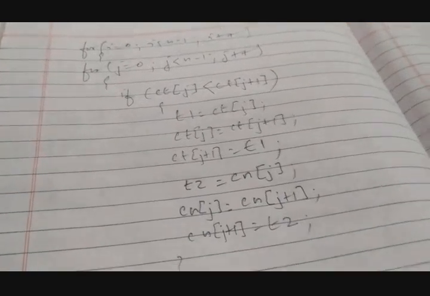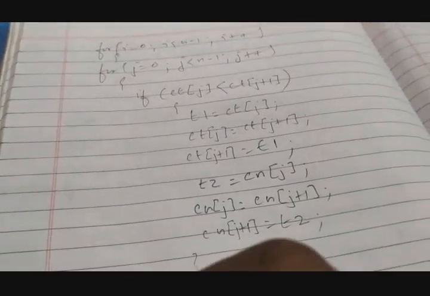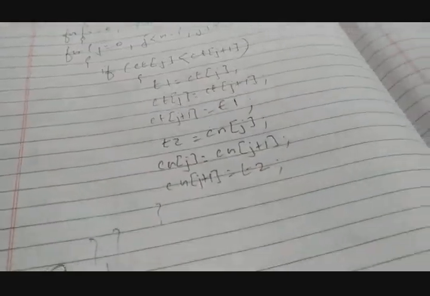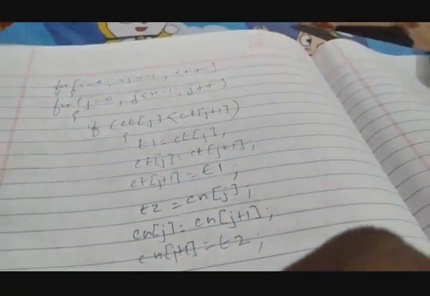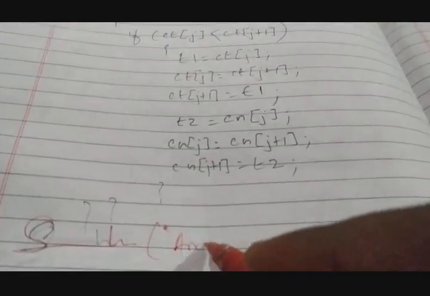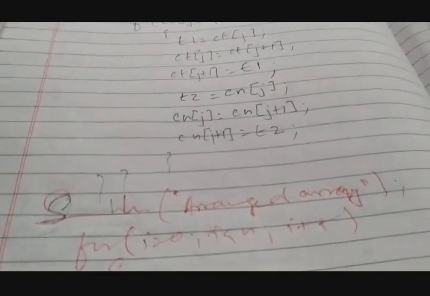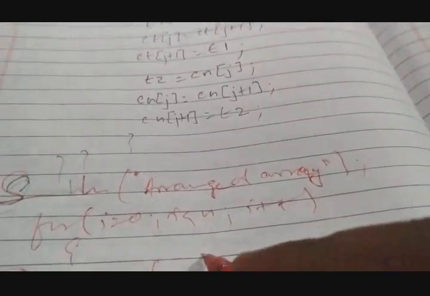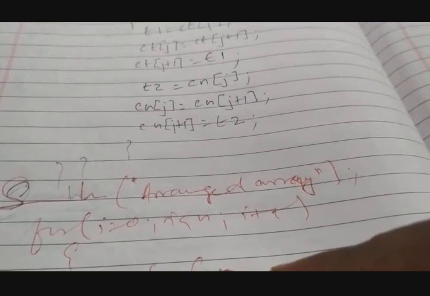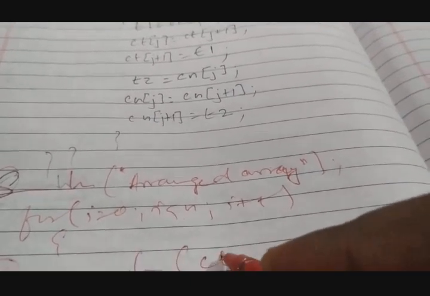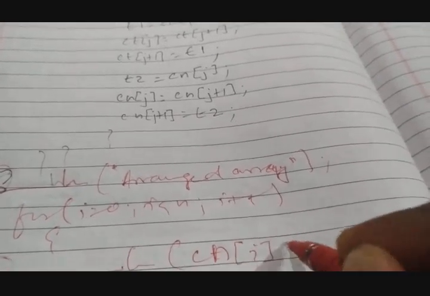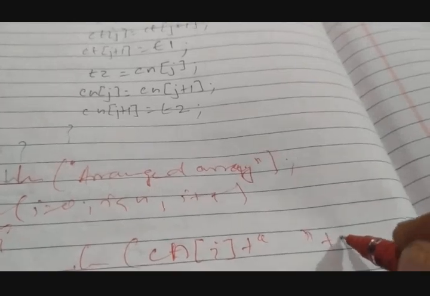Now sop arranged. For i equals to 0, i less than n, i plus plus, sop क्या था, cn of i plus space plus ct of i.